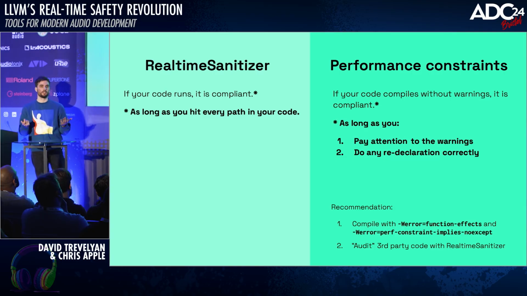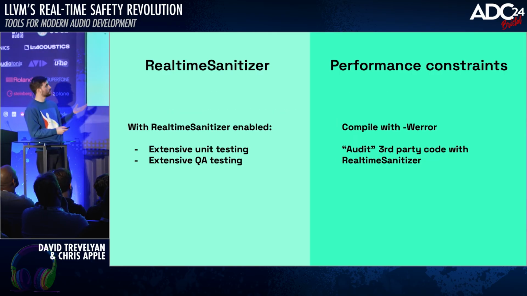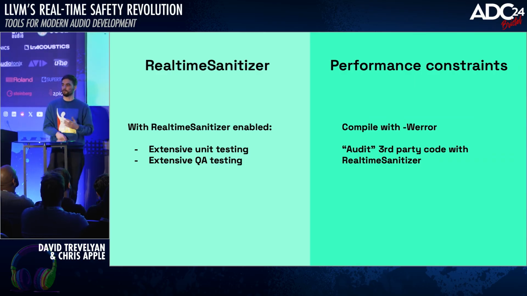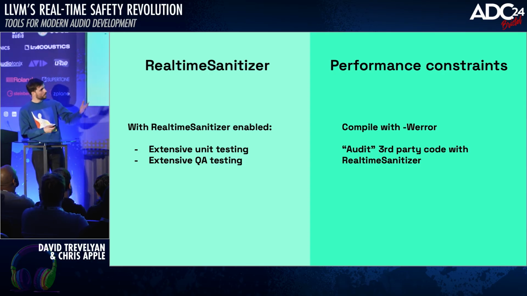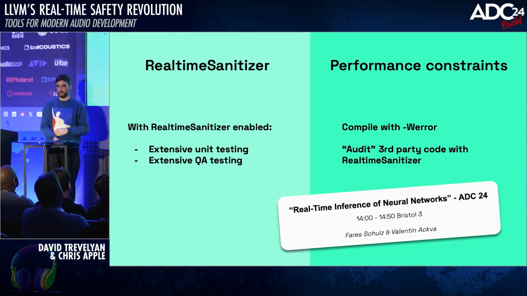It's not going to be the first time you've heard advice like this. It's just general good engineering advice. Extensive unit testing, good QA testing with sanitizers enabled, promote warnings to errors. And on auditing third-party code with RealtimeSanitizer, people are doing this already. If you're interested in this, Farhaz and Valentina are talking later this afternoon in Bristol 3 about their work, so highly recommend you go to that talk.